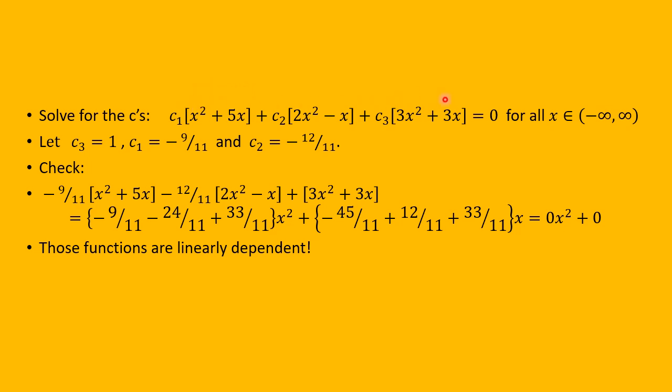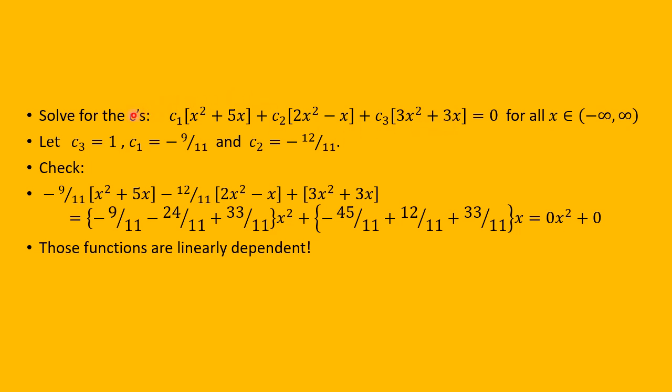So we now have this equation, C1 times this stuff plus C2 times this stuff plus C3 times this stuff equals 0 for all x between minus infinity and infinity. If you look at this, it is a polynomial equation.